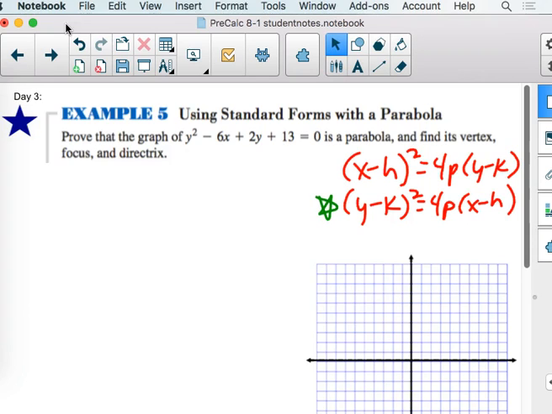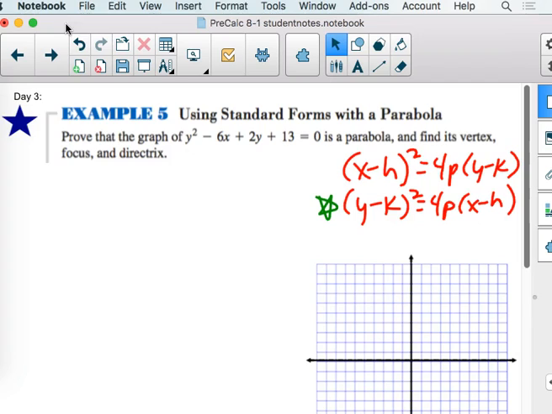Now, how to make that happen? There's a binomial that needs to be squared. So I need to figure out how to make stuff that doesn't look like something squared into something that does look like something squared. Excellent. So here's what we're going to do.